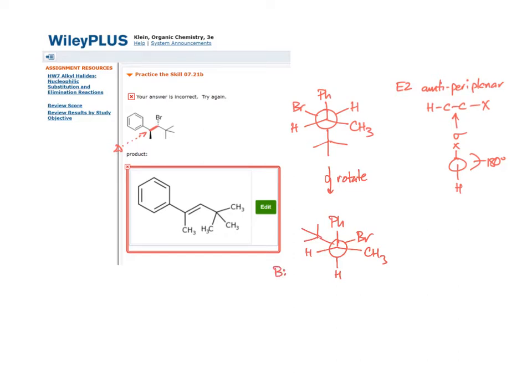So the base, just B, supplying the electrons, is going to abstract and eliminate. So we lose the conjugate acid, plus Br minus, that salt is the byproduct or coproduct.